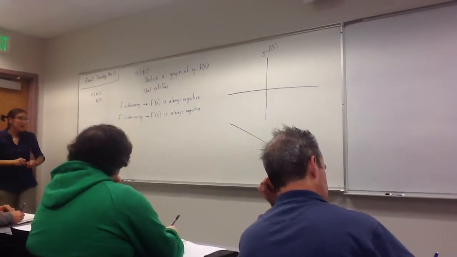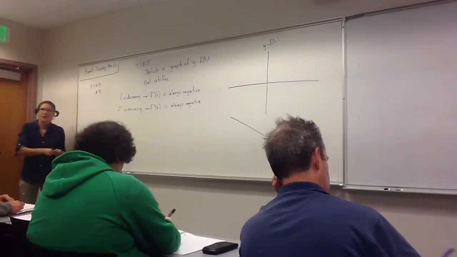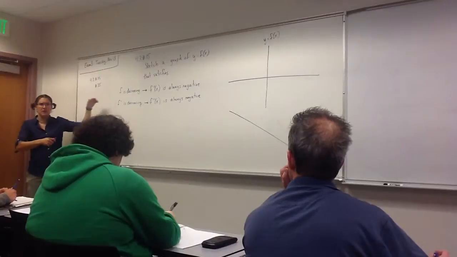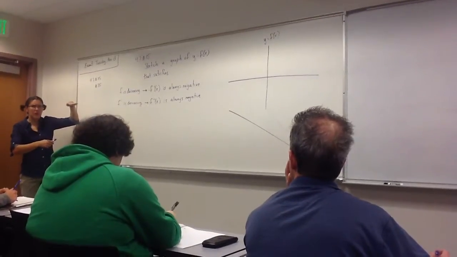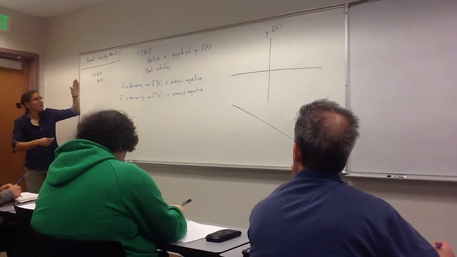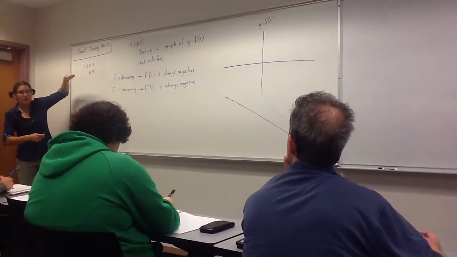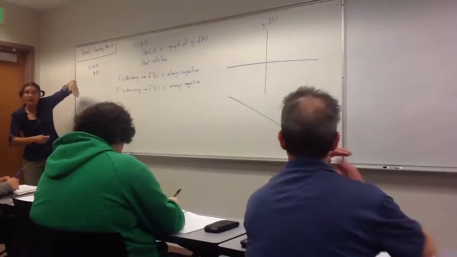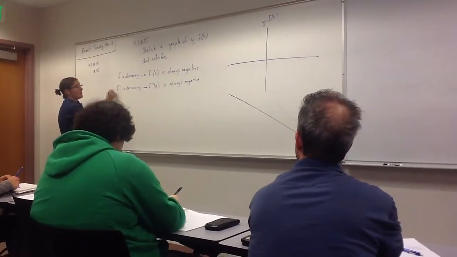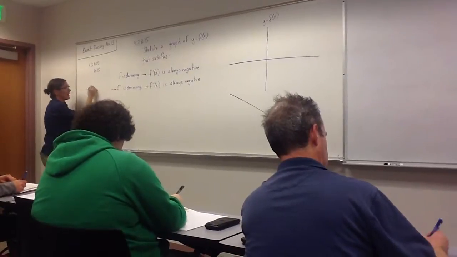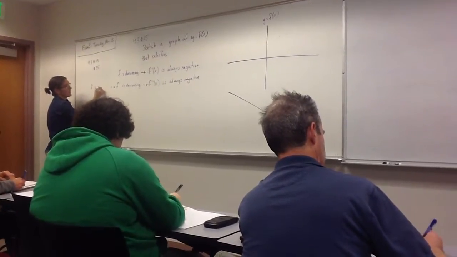And when f prime is decreasing, that means that my slopes on my original function are decreasing, meaning, okay, so maybe if we start here at a very steep slope, decreasing means that my slopes are slowly going to 0 and then slowly going negative. And so when f double prime is negative, f prime is decreasing and f is concave down.